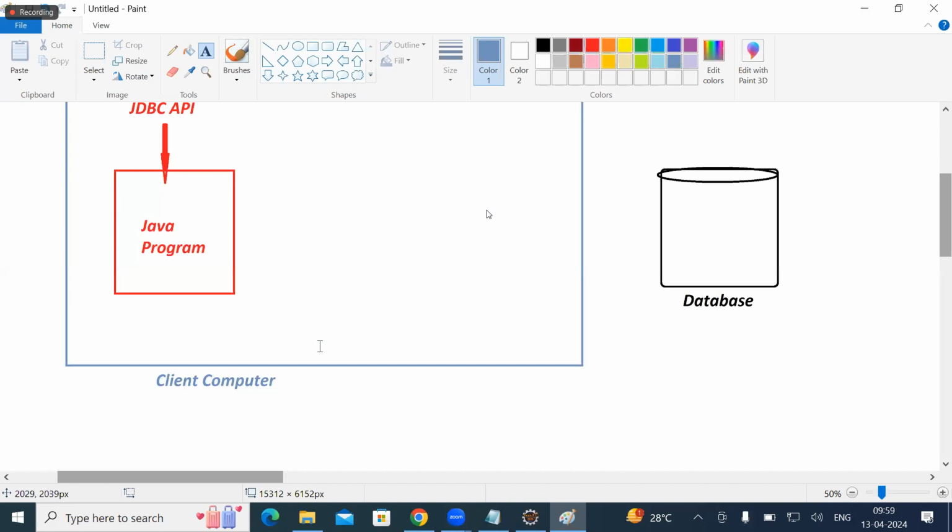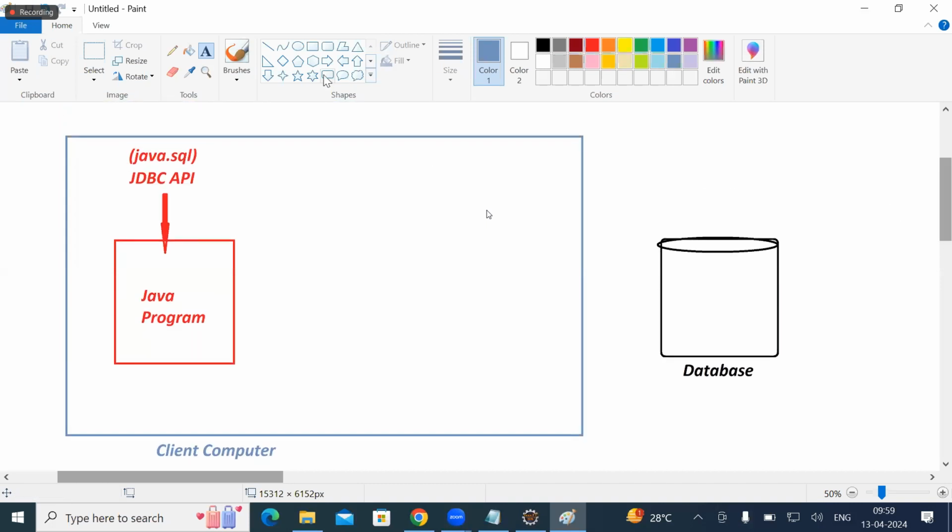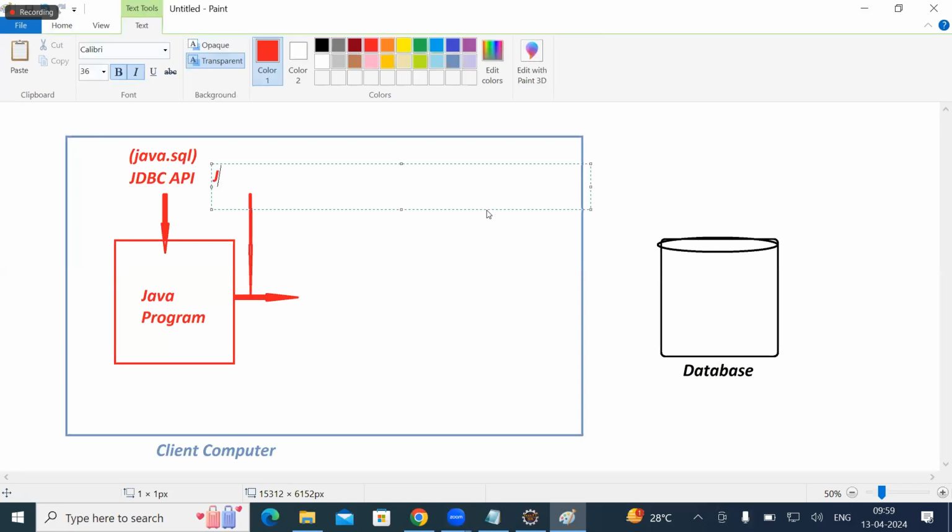Right. Now the Java program will raise one request: I want to establish a connection to the database. It will raise one call. We can call it a JDBC call.